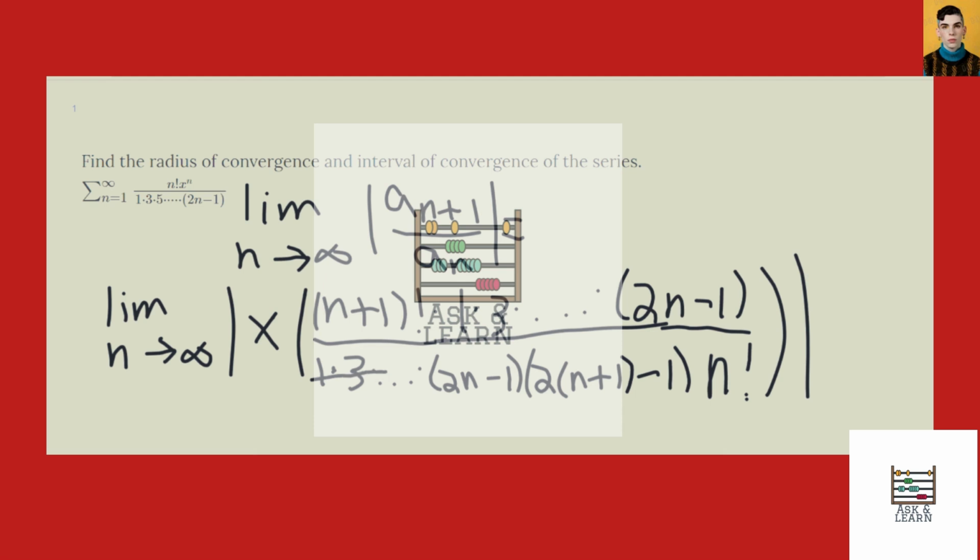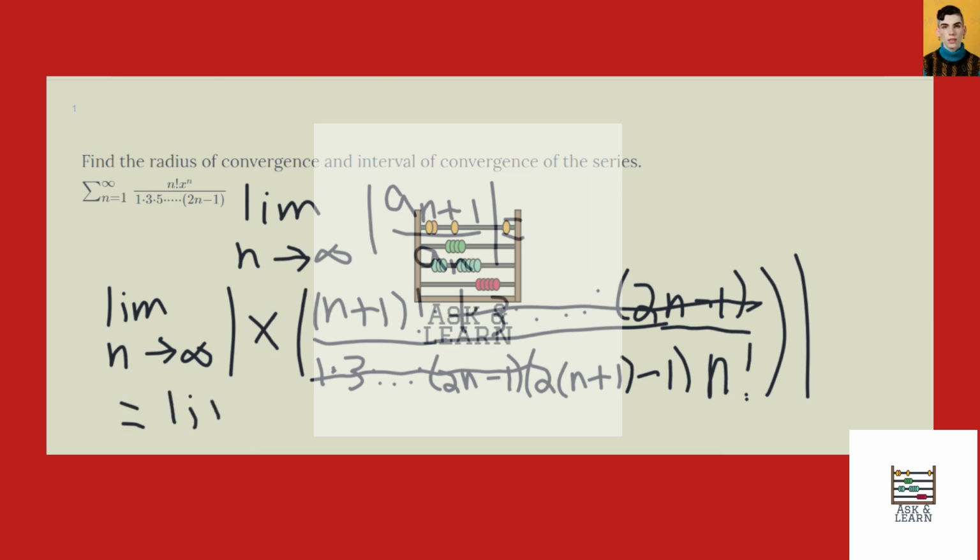So this chunk here is going to cancel out with this whole chunk here. The 2 times n plus 1 minus 1 is going to survive. And n factorial is 1 times 2 times 3 times dot dot dot times n, so everything with the n factorial will cancel out with the n plus 1 factorial. But the n plus 1 in the n plus 1 factorial will survive.